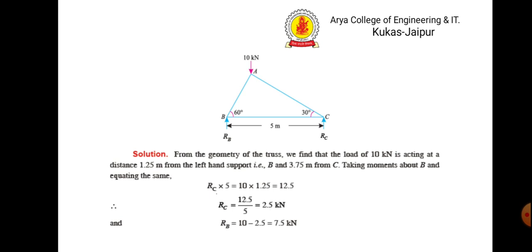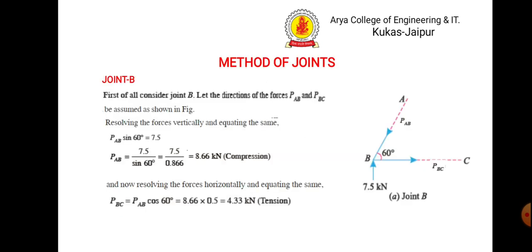At A, the 10 kilonewton load, the force in AB and the force in AC, all three are unknown, so we will not choose joint A. We will prefer joint B. At joint B, RB is known and the force in member BC and the force in member AB are unknown. So we will choose joint B.